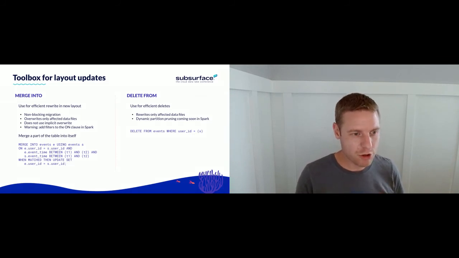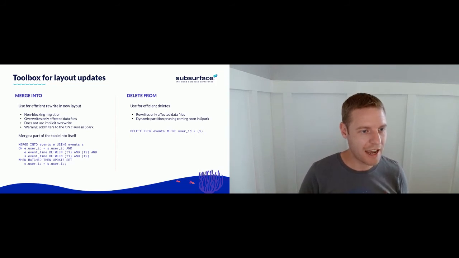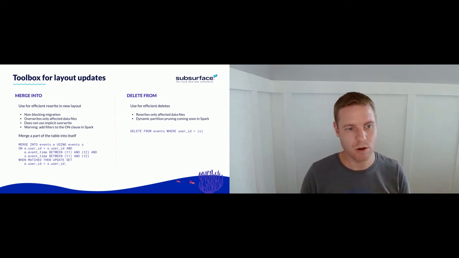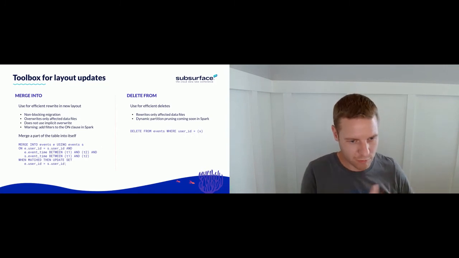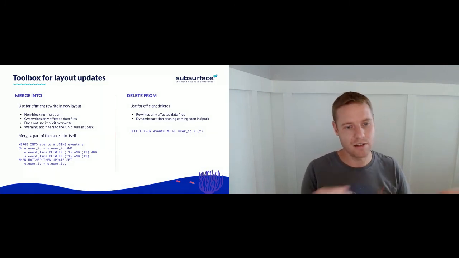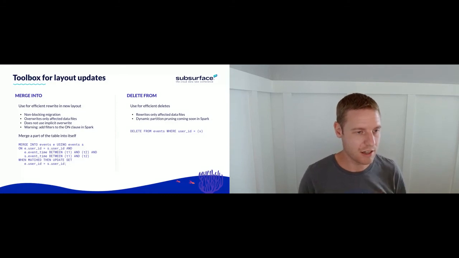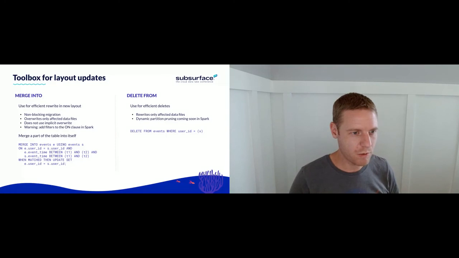And then crucially, for at least Spark, we want to add the ON clause so that we don't select the entire table from either the target or the source. So we're going to add event time between T1 and T2 for both the source records that we're merging and the target table. That's going to select just the partition that we want to move.